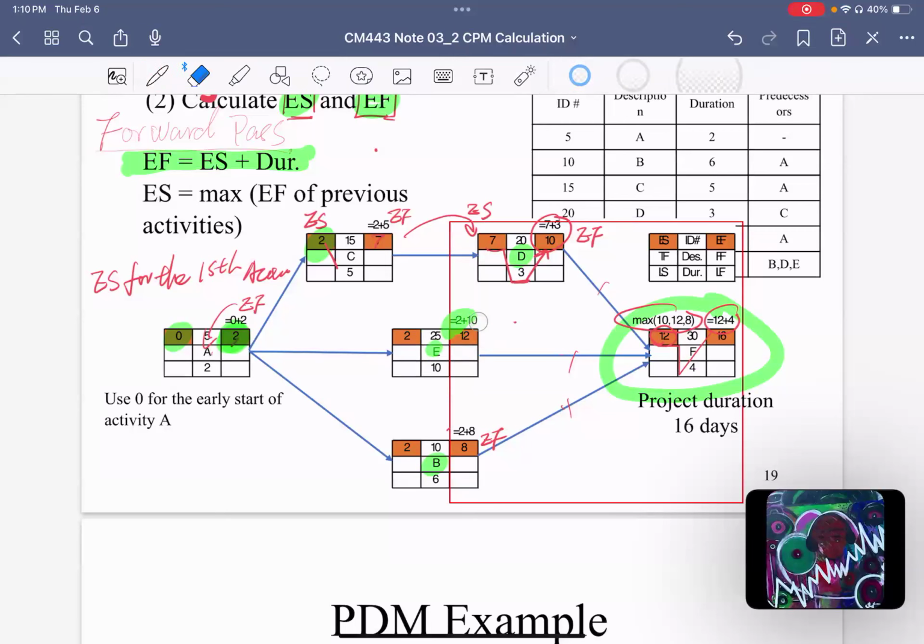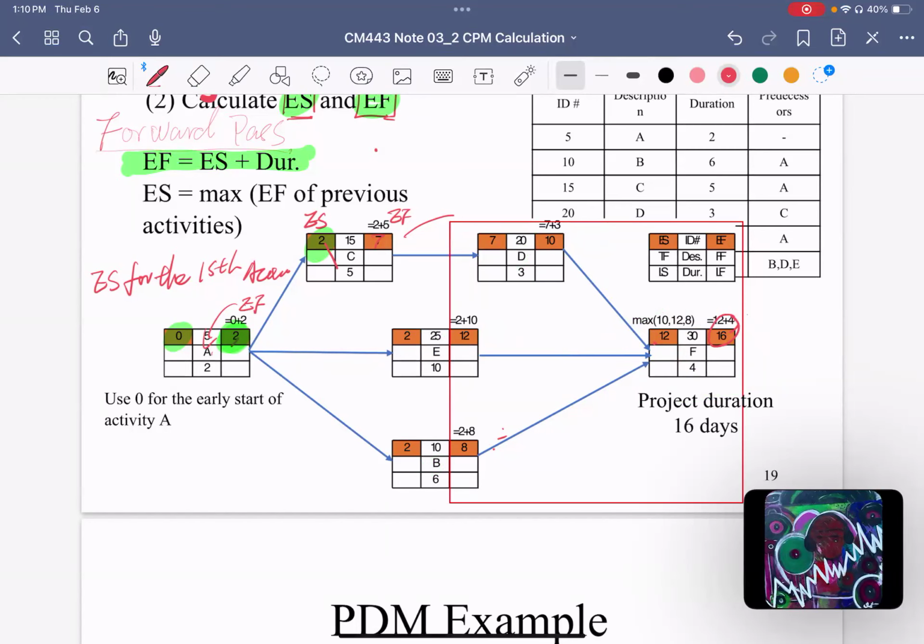Okay, let me remove those to get a clearer view here. You determine that this 16 is the early finish time for your last activity, because that is the end of your diagram.